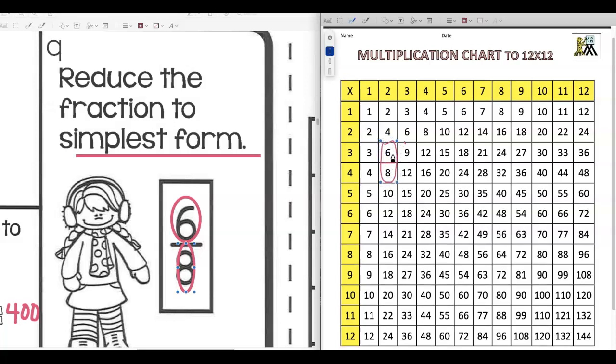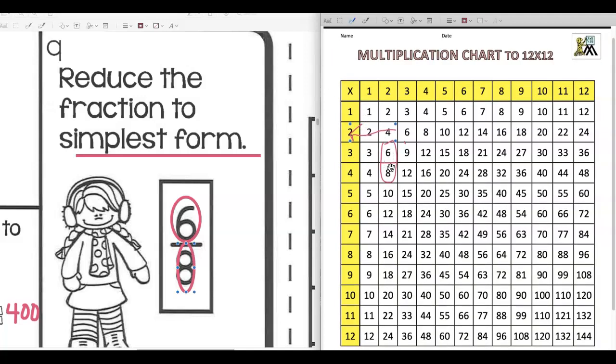To find an equivalent fraction, you have to keep the numerator in the same row and the denominator must also be in the same row. And since it wants simplest form, I'm going this way to the smaller numbers.